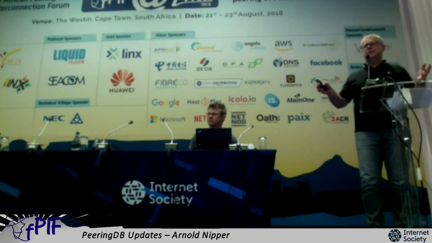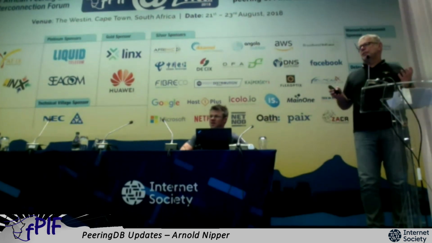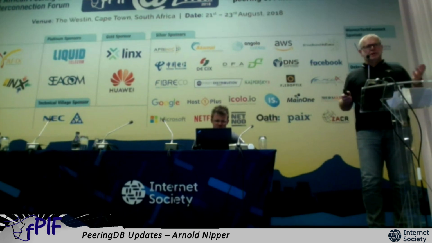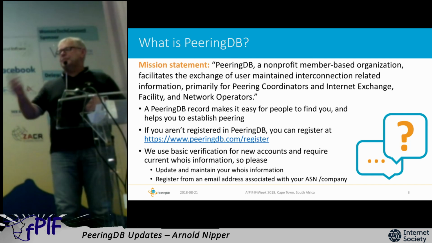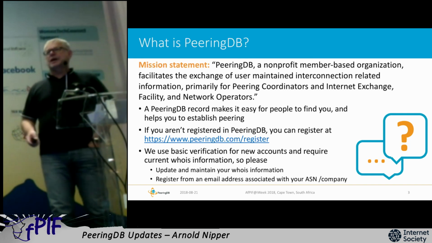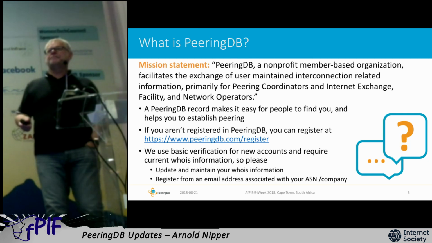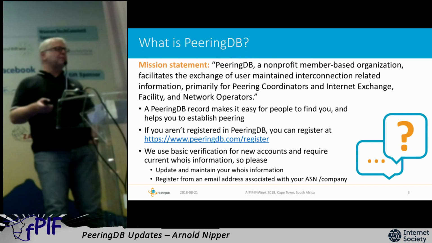So what is PeeringDB? Or perhaps it would be better to term it interconnection DB. If you want, as a network, to peer, of course, you need, first of all, information about your other peers. These are the networks which are in PeeringDB, but that's not enough. You also need information about the exchange points. These are the points where you do public peering.